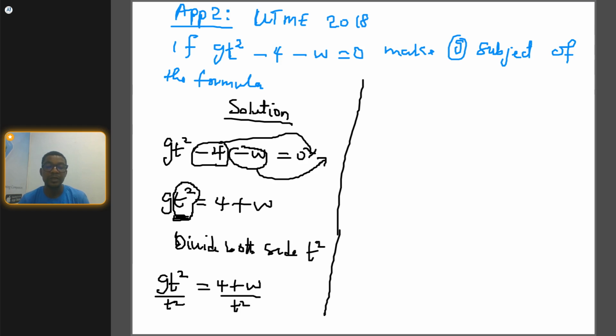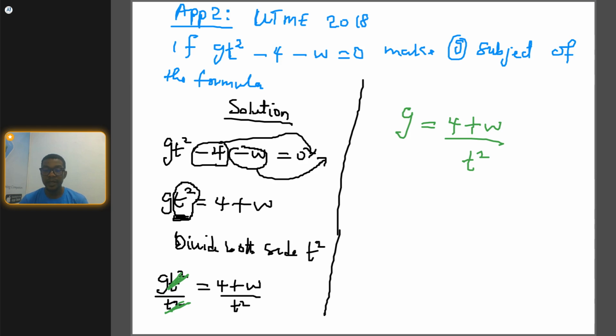All right. By so doing, T squared cancels T squared, and we are left with G equals 4 plus W over T squared. Do you get that? Now we have G equals 4 plus W over T squared.